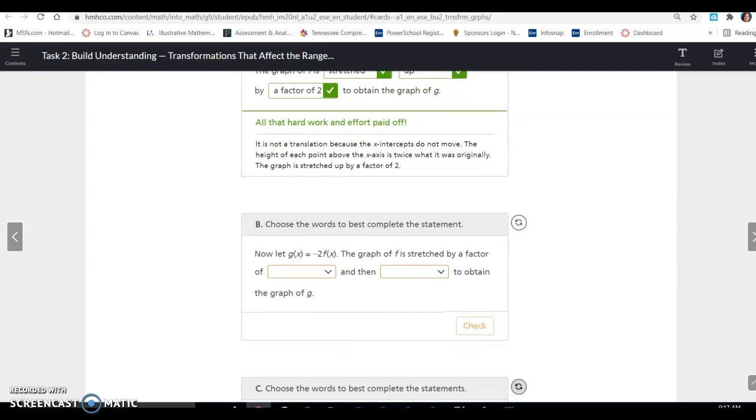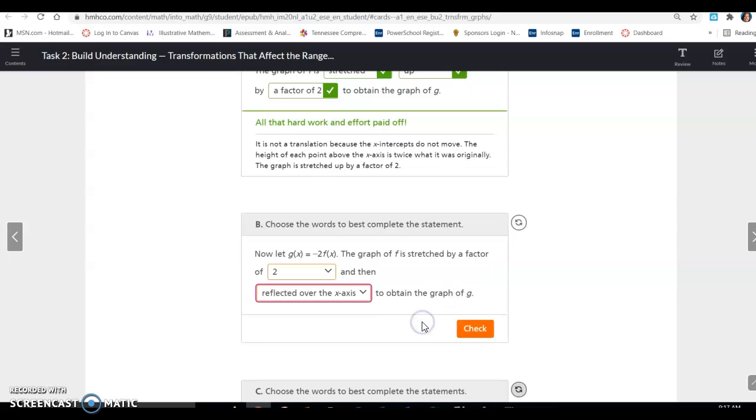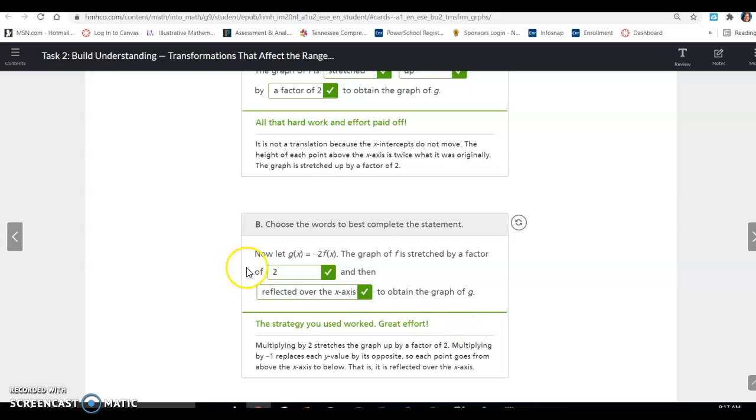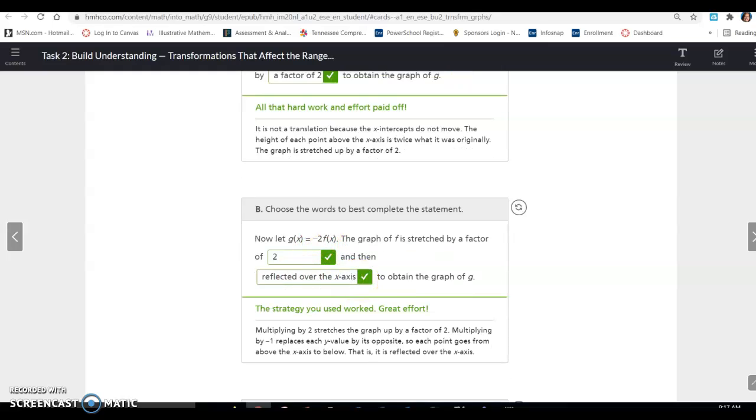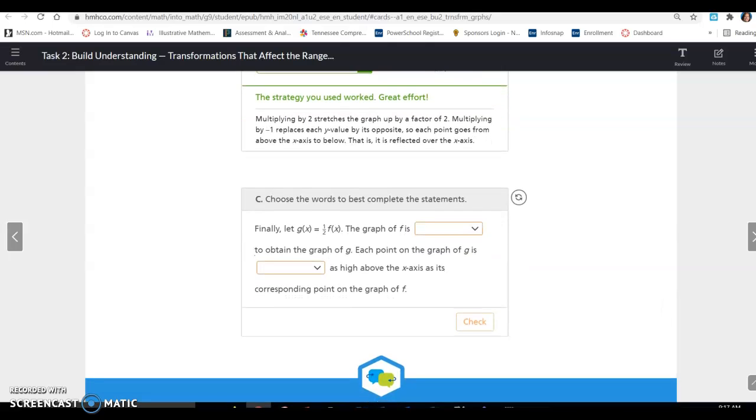Now let g of x equal -2 f of x. The graph of f is stretched by a factor of 2, and then the negative sign makes it reflect over the x-axis. So that's how you get g of x. The 2 stretches it, and the negative sign flips it over the x-axis.